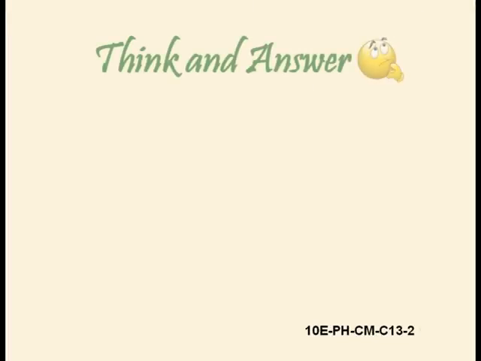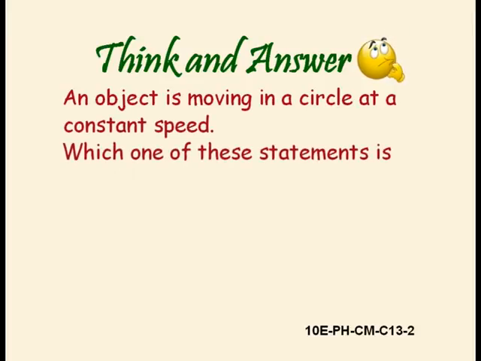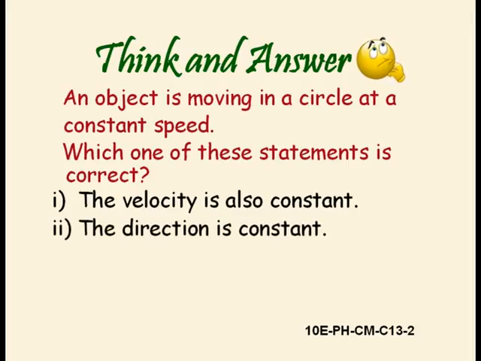Dear children, think and answer. An object is moving in a circle at a constant speed. Which one of these statements is correct? Statement 1. The velocity is also constant. Statement 2. The direction is constant.